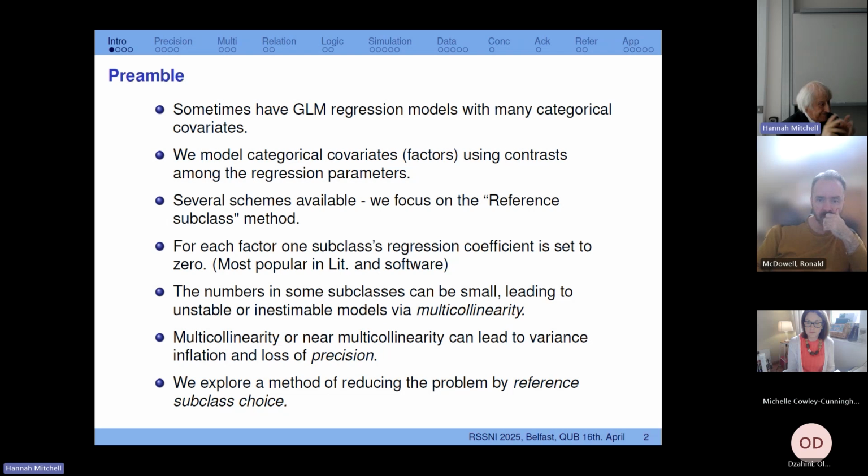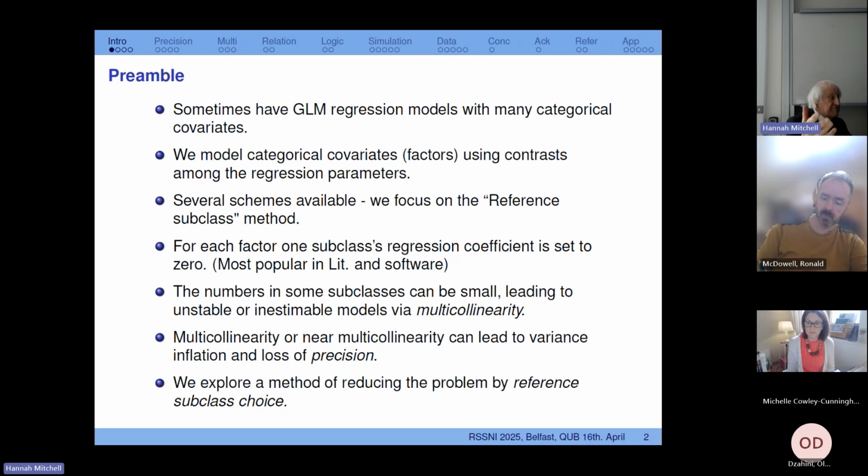So presumably there are ways of doing this in the literature, and they have been described by other authors. But I'm going to talk about a method which is very simple today, where you can reduce the multicollinearity by a judicious choice of reference subclasses.